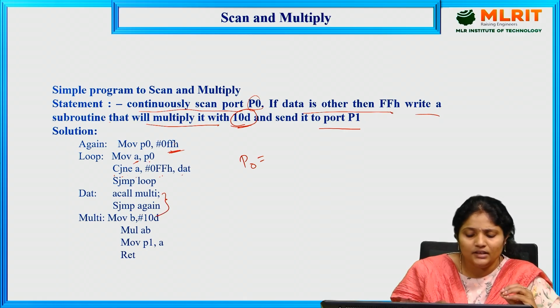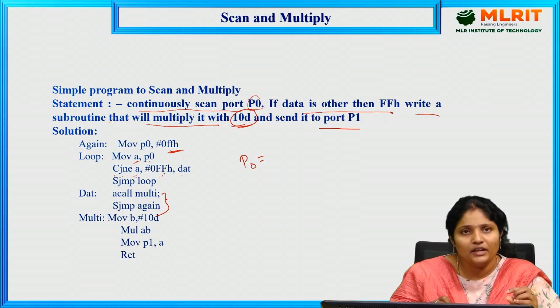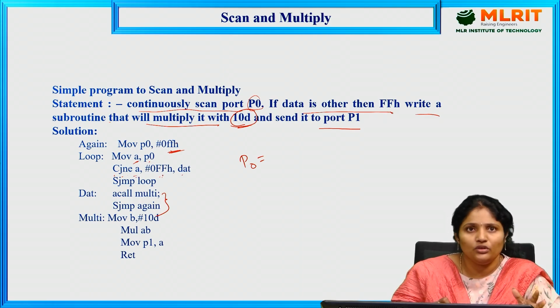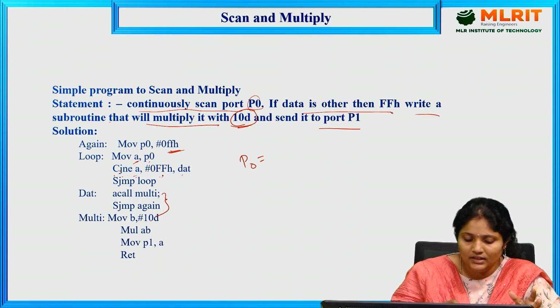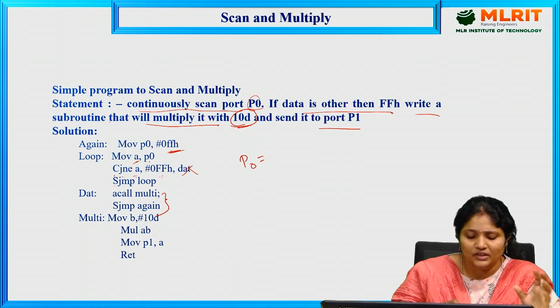Here in this case both of them are equal because the port has FFH, so the comparison says that both are equal. So this condition will not be satisfied, and it will move to the next location. What is that? SJMP. SJMP means short jump within range, so it will go to the loop again.